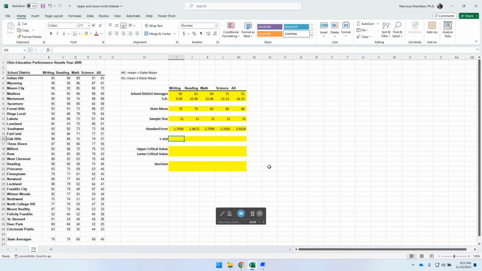In other words, we'll be measuring the difference between the school averages and the state mean, and then adjusting it for the sampling error. Essentially, it's a signal-to-noise ratio indicating how far the sample mean is from the population mean in terms of standard errors, or sampling errors.